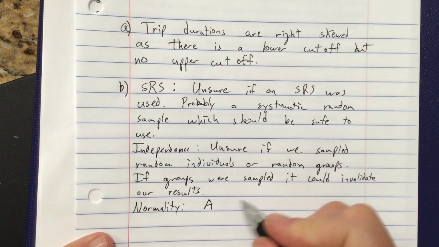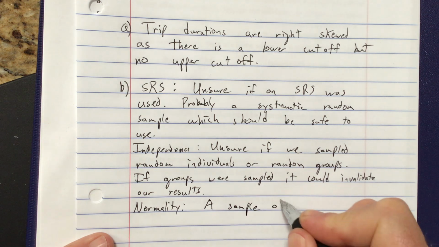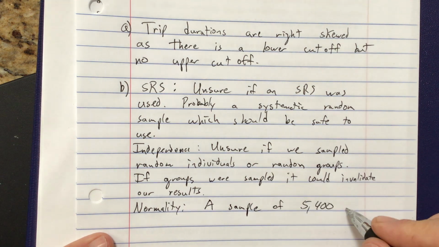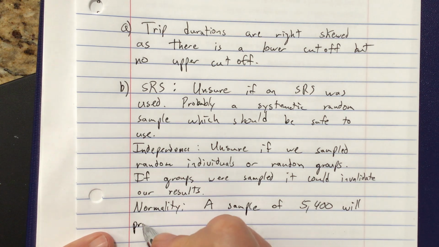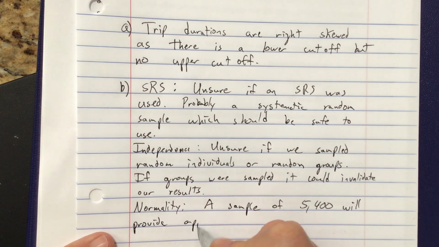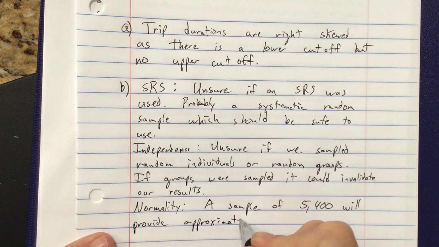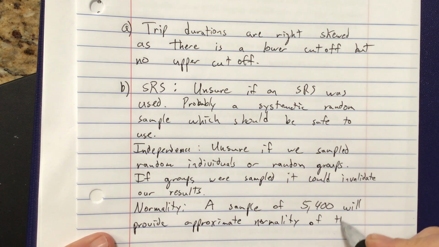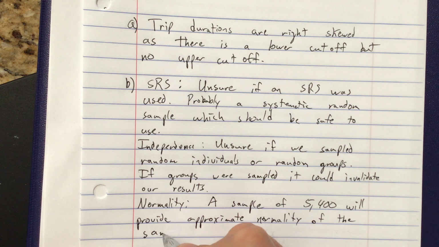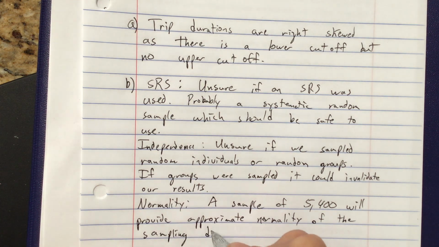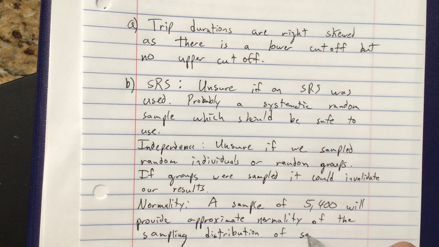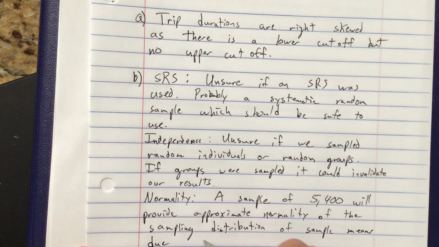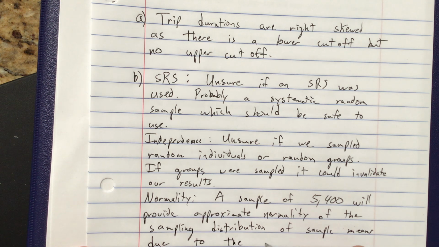All right, so a sample of 5,400 will provide approximate normality of the sampling distribution of sample means due to the central limit theorem.